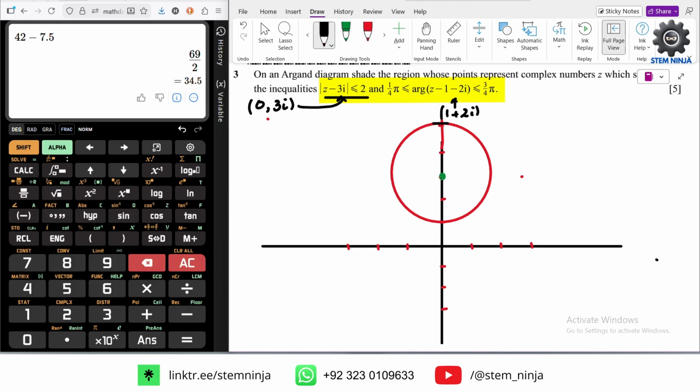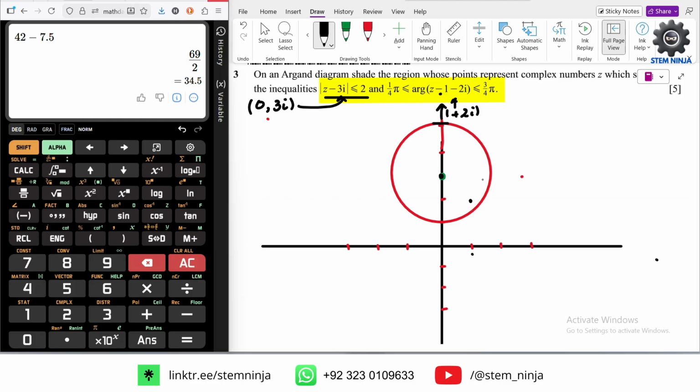This is the circle, right? And this point is 1 comma 2i, so this is 1, and 2i is this one. No, this one, sorry.